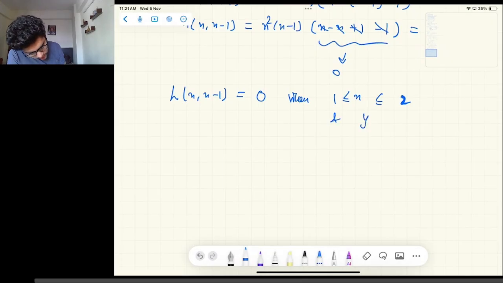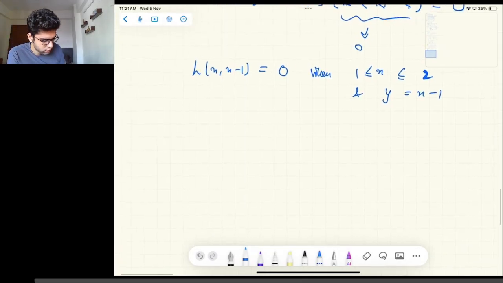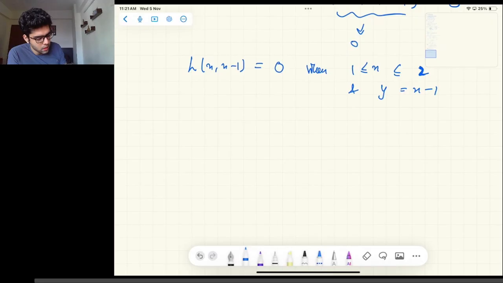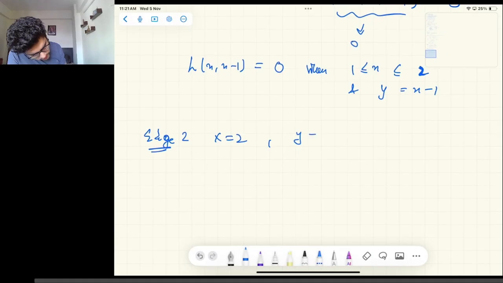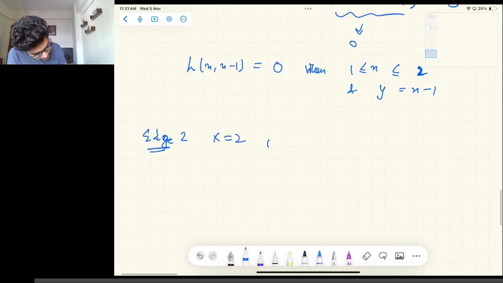And y is equal to x minus 1 again. Now h2 says that x is equal to 2 and my y lies between 0 and 1.